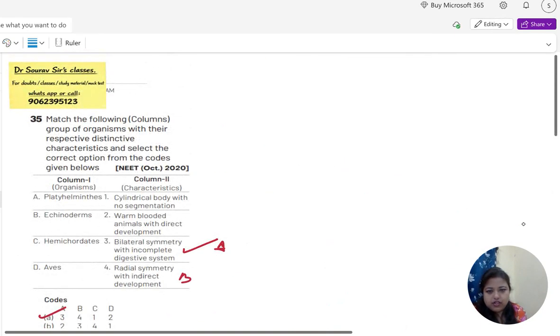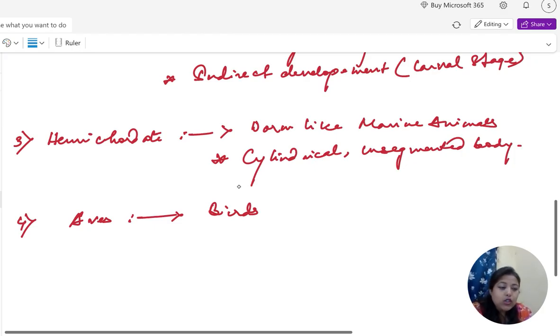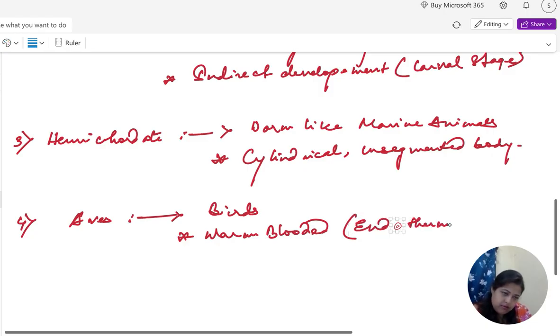So hemichordates is number 1, so it will be C. C will be number 1, cylindrical body with no segmentation. And last is aves. Key feature: birds, of course, and warm blooded, that is endothermic, and direct development.